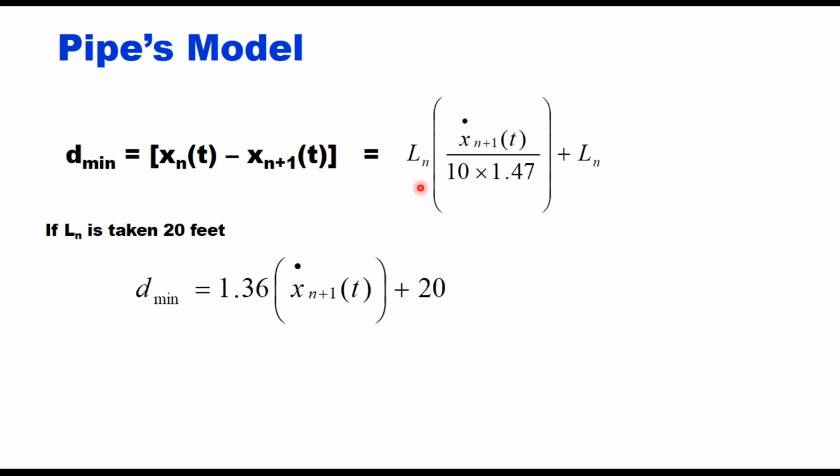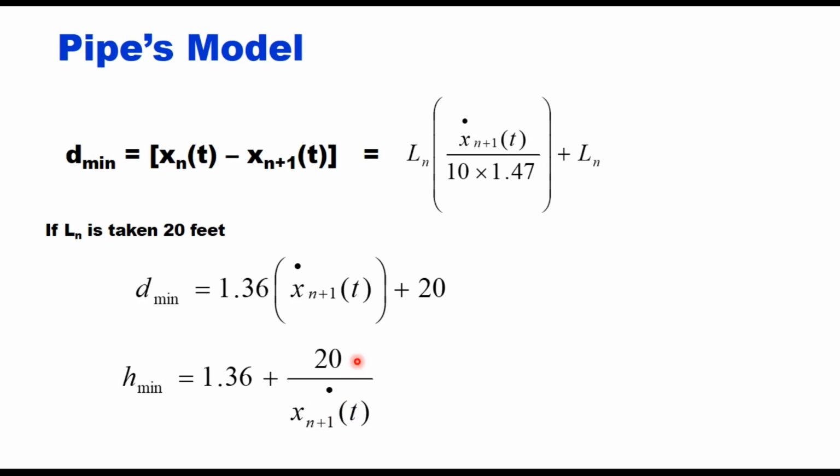So if you take length of the vehicle 20 feet, then minimum distance will be 1.36 into speed of the following vehicle at time t plus 20 feet. So minimum distance here is given by this equation, and you can say that time headway between two vehicles will be 1.36 plus 20 upon speed.